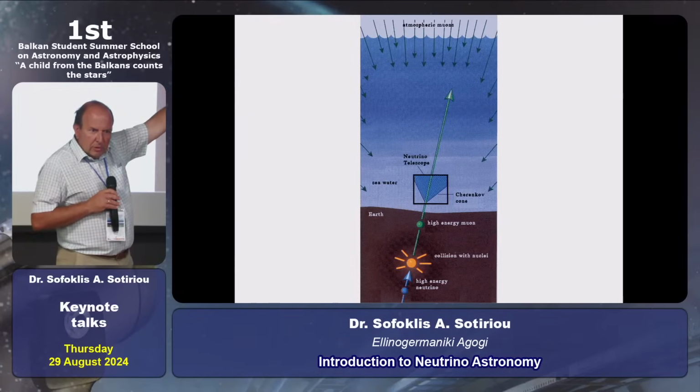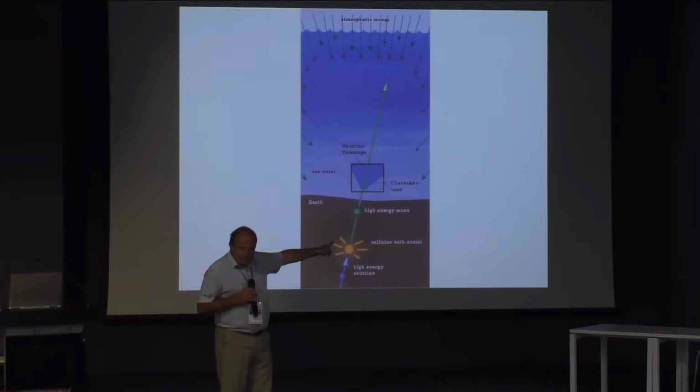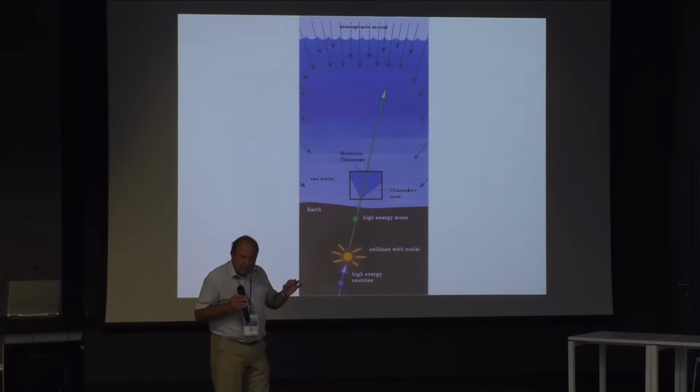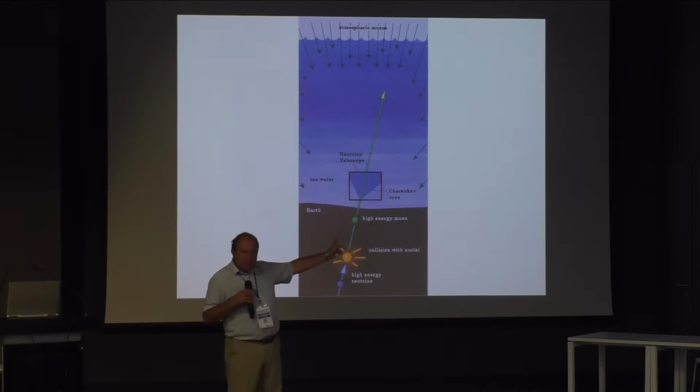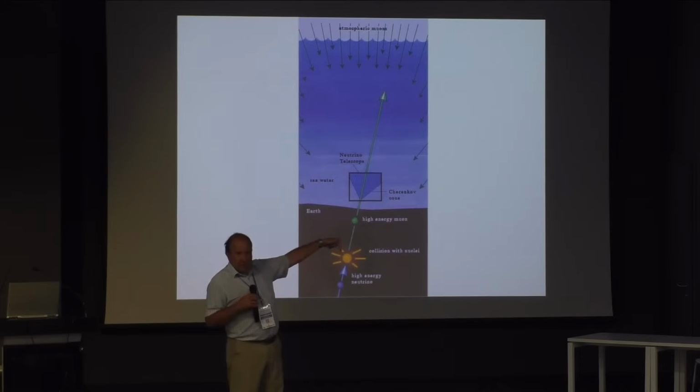In principle, it should never reach the bottom of the sea because its lifetime is not enough. But as it is moving with a relativistic speed, it can reach 5,000 meters underwater. So it lives longer, so it is making a bigger distance. So it's a major background for our detector.